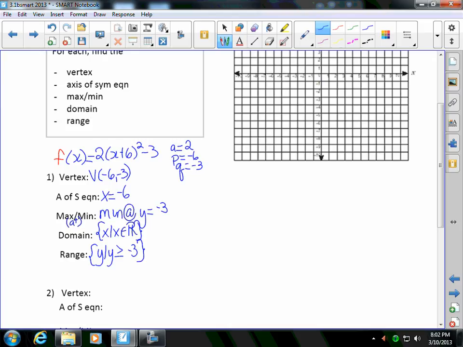So now I have that information, I can graph it. But what I need to do is fill in what my count would be. Because my a is equal to 2, my count is over 1, up 1 times 2, so it's up 2. Over 2, up 4 times 2, so I go up 8.